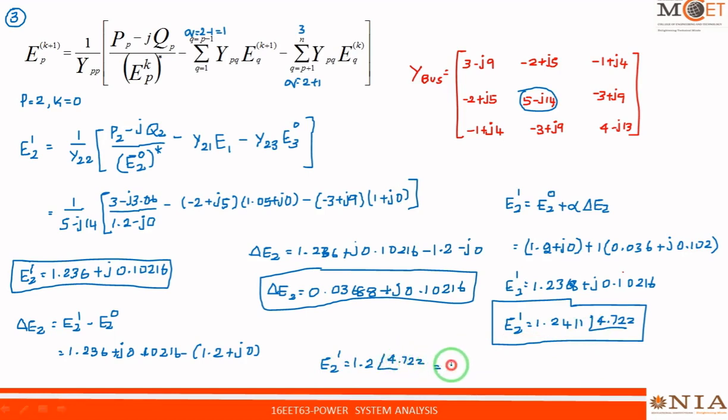This becomes 1.196 plus j0.0988. So this is the final expression of E2 during the first iteration.